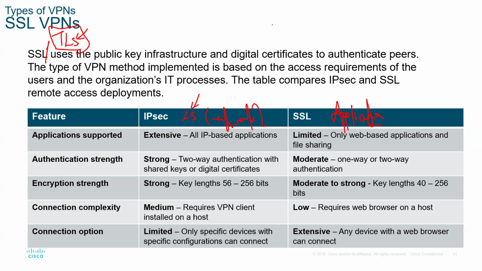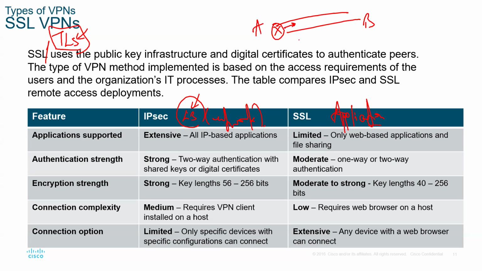For example, let's say I have point A and point B in the VPN tunnel. If I encrypt via layer 3, it basically means I have a gateway somewhere, then all traffic passing through is going to be encrypted because I encrypt at layer number 3.